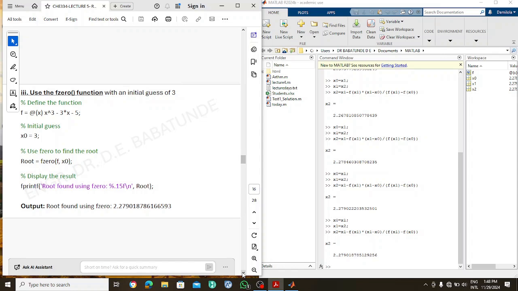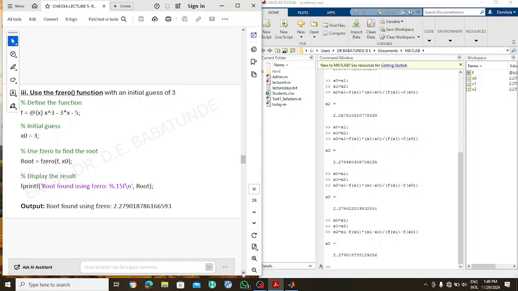So let's use, on the same equation, the fzero function, which is built in Matlab. It's a built-in function in Matlab. What that requires is that you define your function just as we have been defining it before. Once you define it, you call the fzero function, and what are the arguments you pass into it?